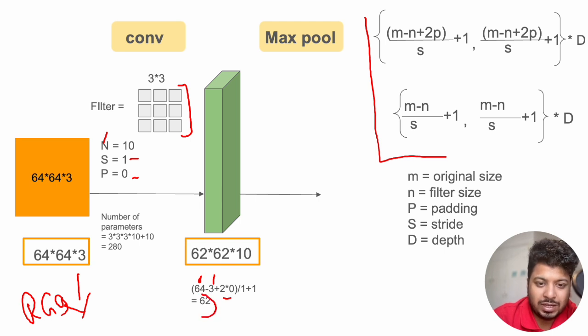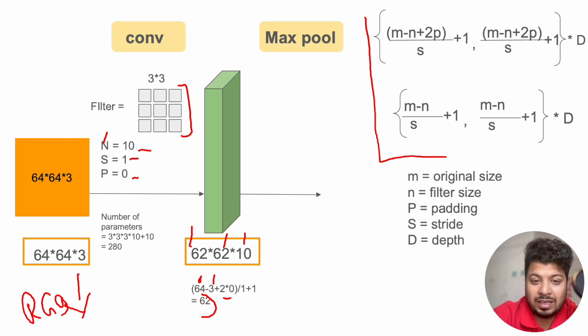So our output size here is 62 cross 62, and D is depth, which is the number of filters. How many filters are we using? 10. So 62 cross 62 cross 10. This is the output.